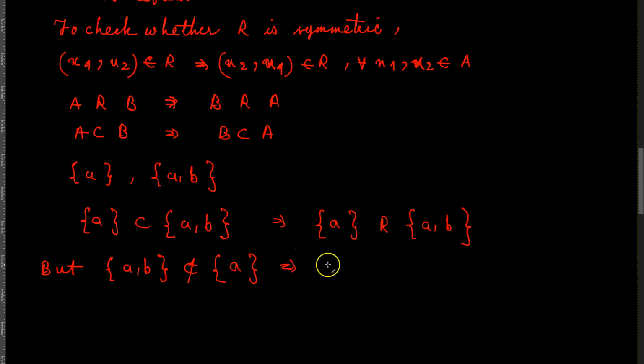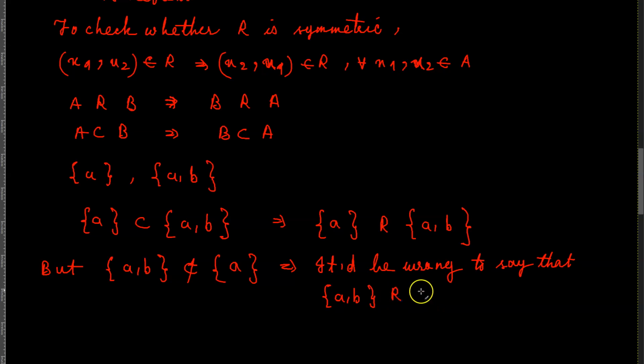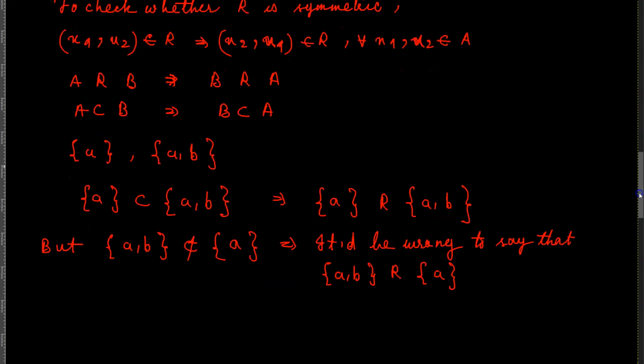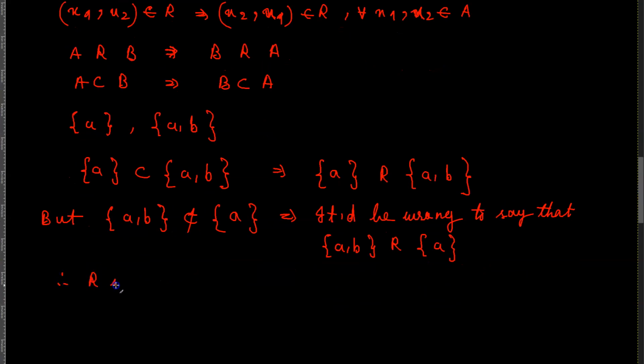Therefore, it would be wrong to say that the set containing A, B is related to the set containing A. And so you can easily find any sort of counter example like this in order to show that R is not symmetric.